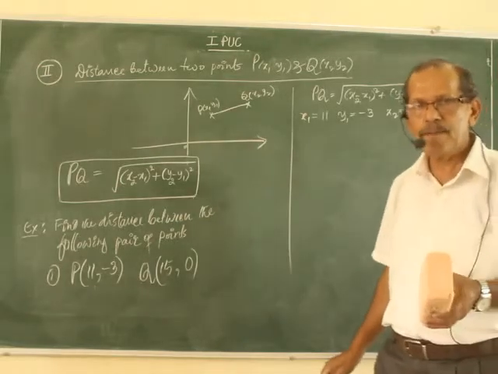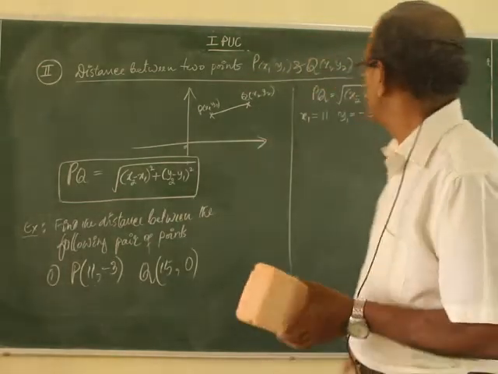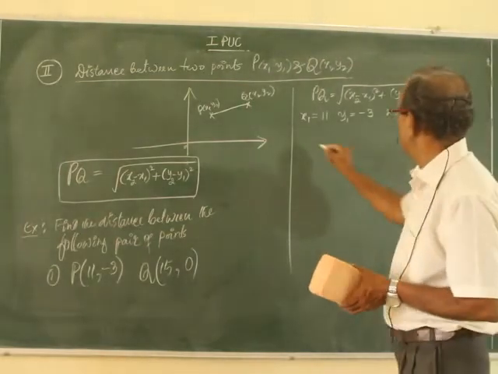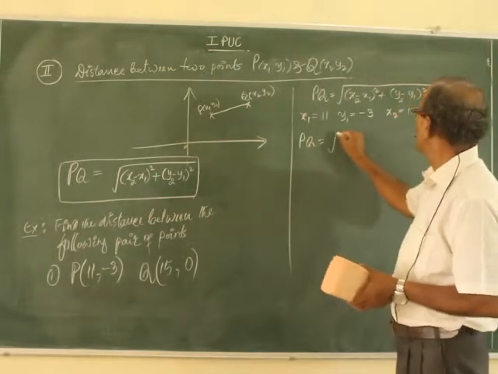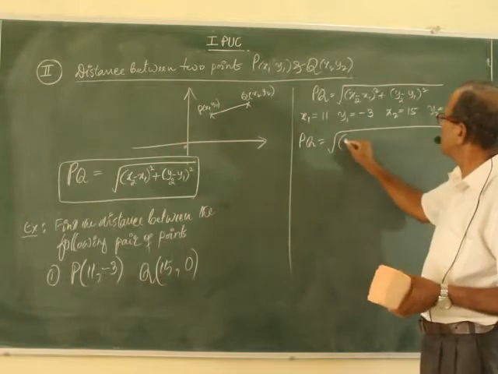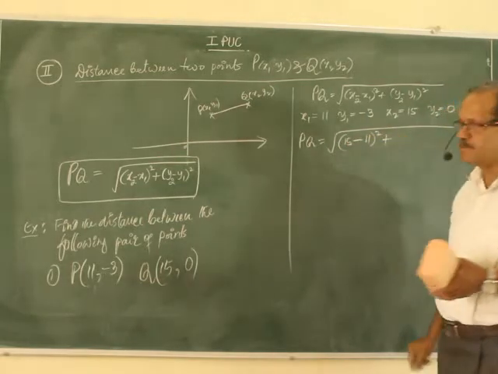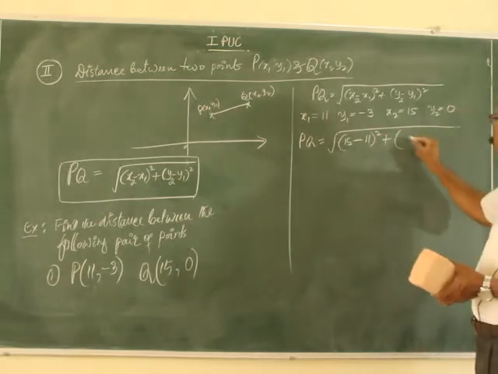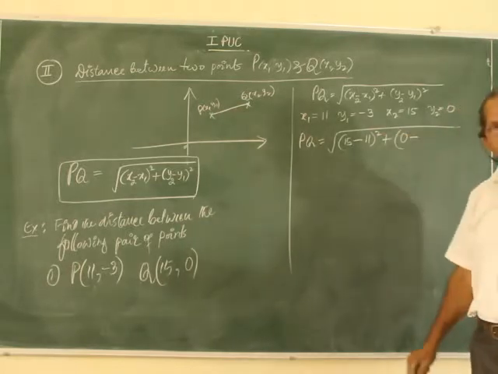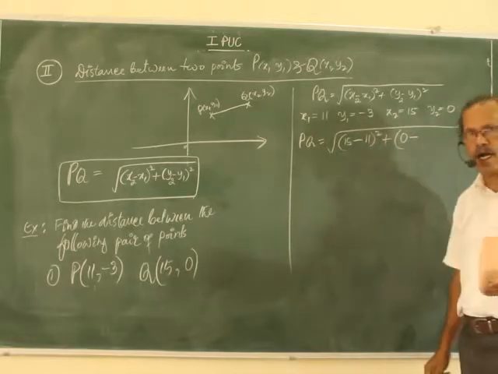So write them correctly so that you can fill up the values in the formula. PQ is root of (x2 is 15 minus x1 is 11) whole square plus (y2 is 0 minus y1 is minus 3).